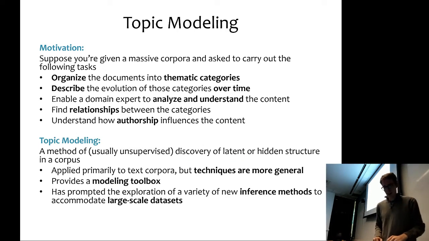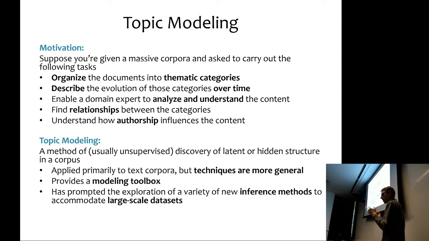Okay. So we say that topic modeling is a method of mostly or usually unsupervised discovery of latent or hidden structure in a corpus. And that it's applied primarily to text corpora, probably because that's easiest, but the techniques are actually more general, and so they've been applied to other things like computer vision problems and computational biology problems.